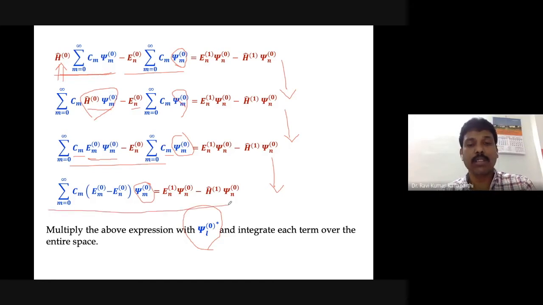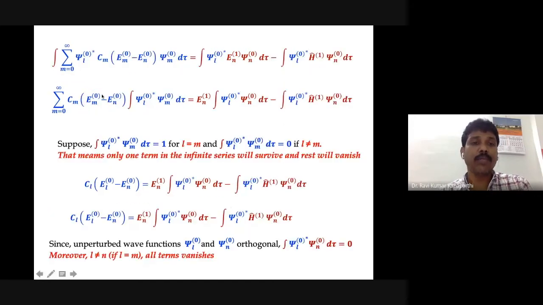On the right hand side also we are multiplying. Please remember that on the right hand side we have two terms.